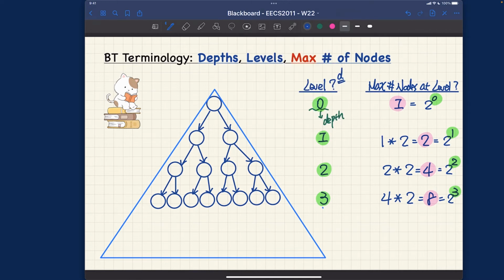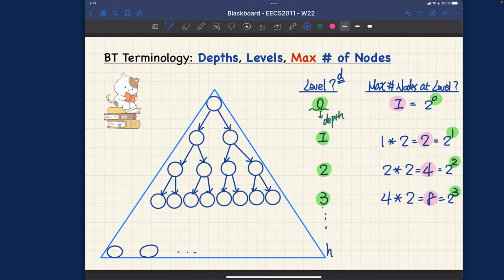And you can see the level is going to go all the way down to the height of the tree, right? Remember, the height of the tree is by definition the maximum depth of the nodes in the tree, right? So in that case, maybe we still have some nodes at the maximum level, at least 1, right? So there may be some nodes over here, some nodes over here, etc.